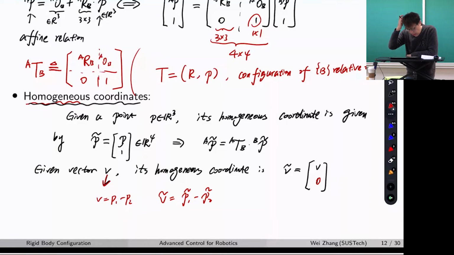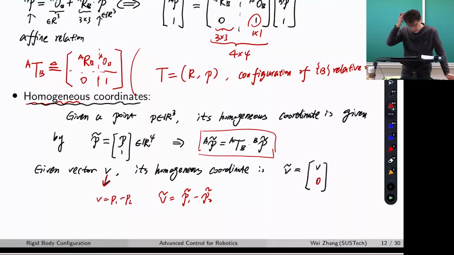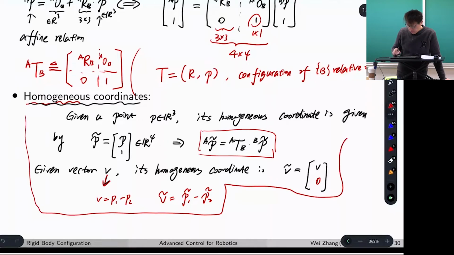No matter if it's a vector or a point, the homogeneous coordinate transformation can always be written like this. Let's explain this a little bit further.